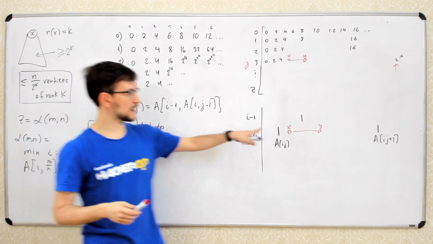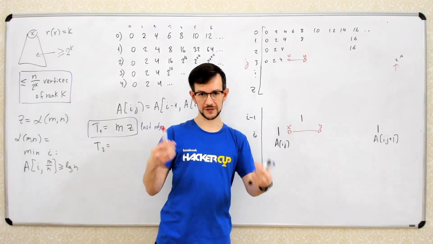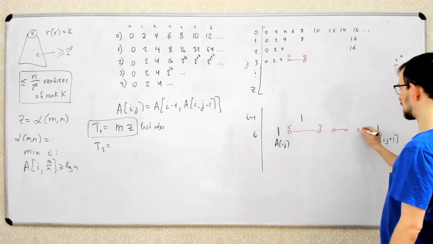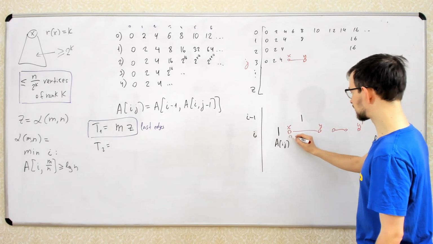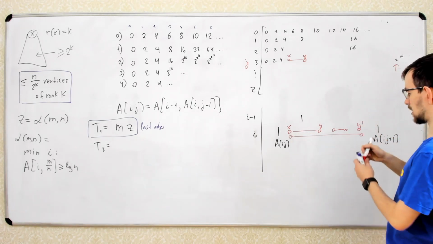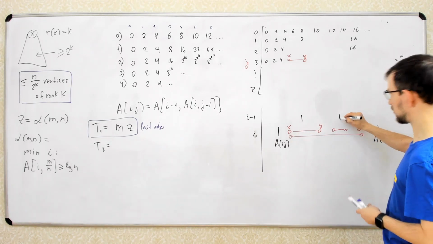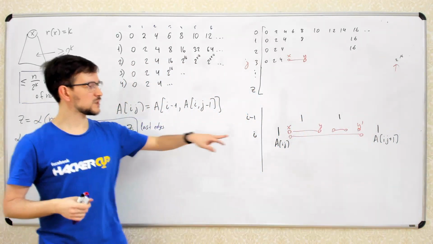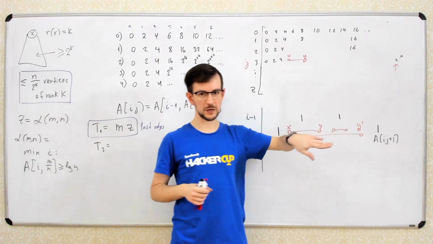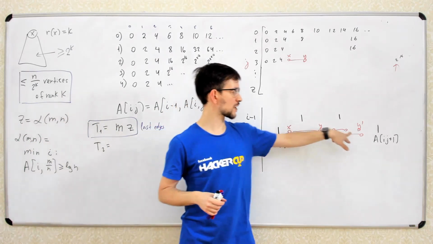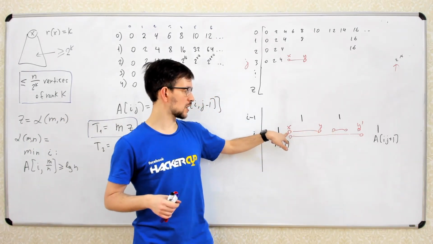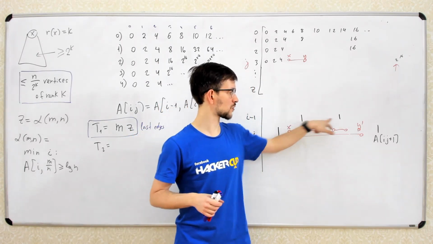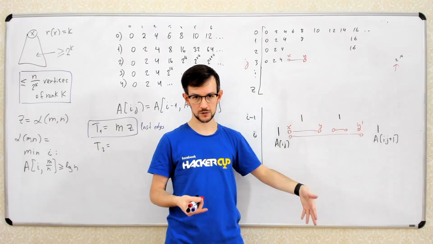So when this edge is not the last edge from this class, there is another edge from the same class, and this is y prime. After path compression, we will have this, and another value here. Again, like before, if we have two edges from the same class, after we apply path compression, we link this x to this y prime, so the number of these values from the previous sequence is increased.